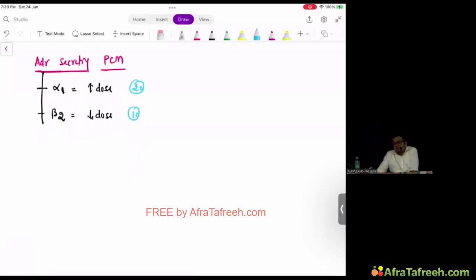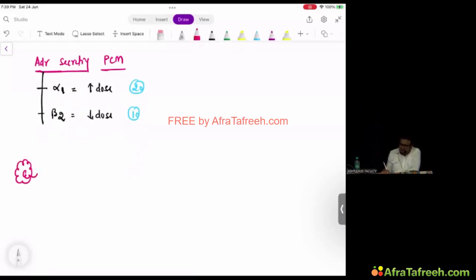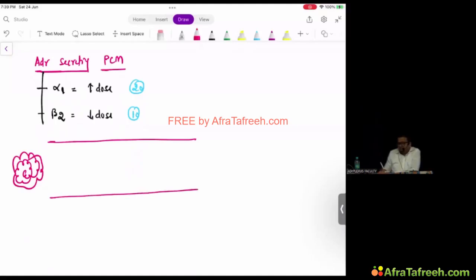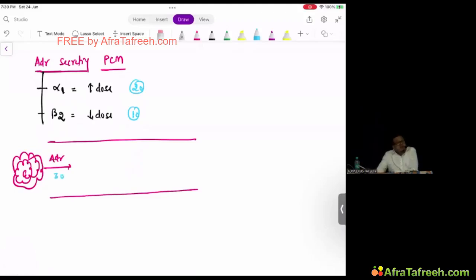Okay. Imagine that this is the tumor. It is secreting what? Adrenaline into blood. How many molecules? Let's take an example. It is secreting 30 molecules. So from the tumor, what is released?